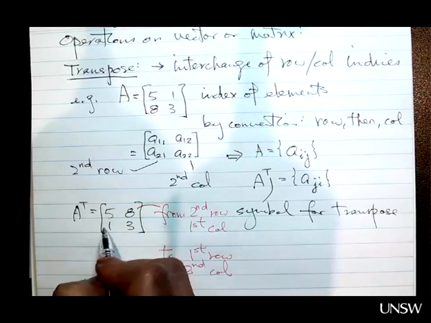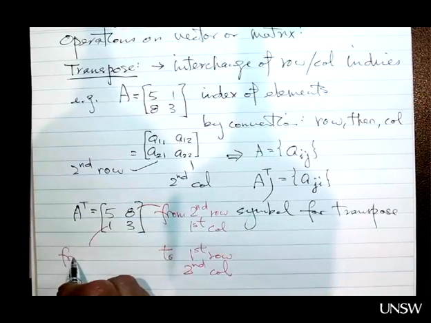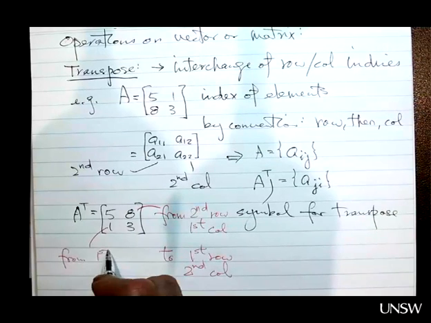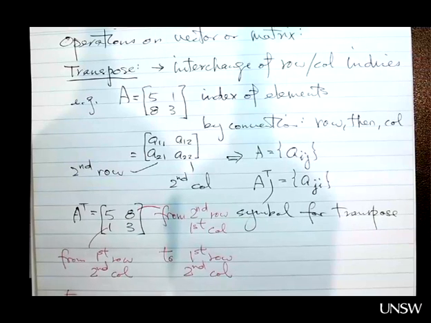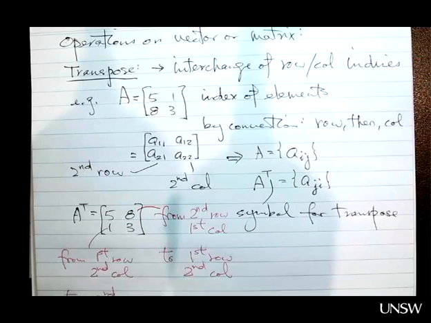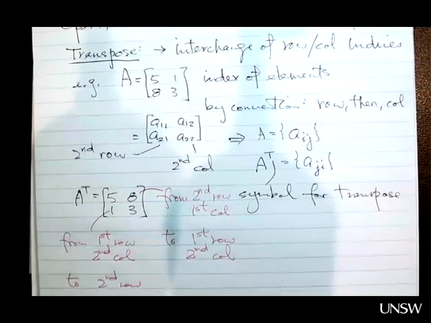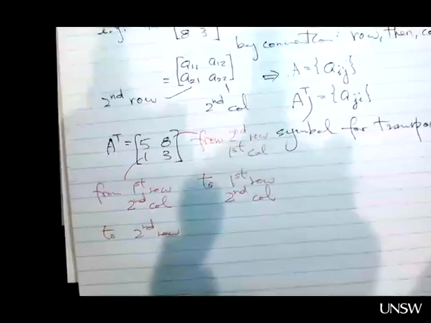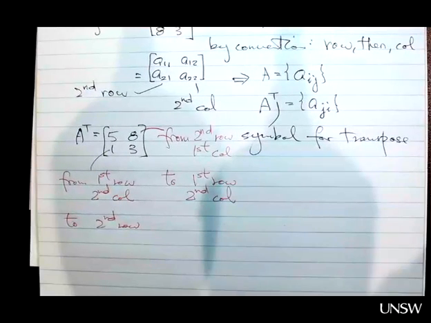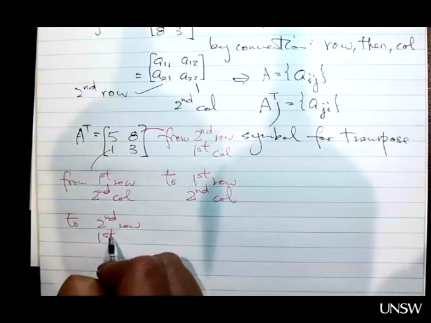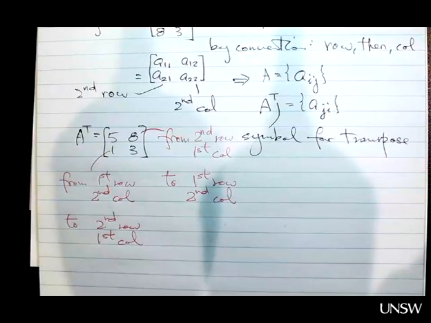And then the one here, it is from first row, second column to the second row, first column. So this is the transpose. Okay.